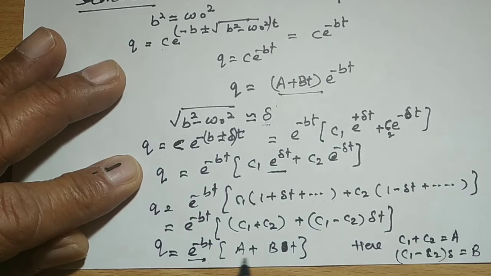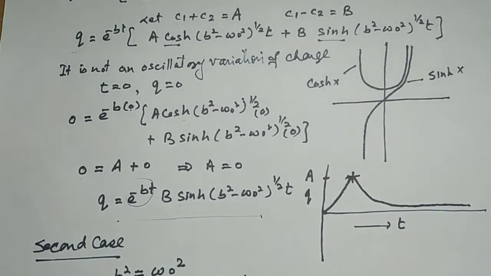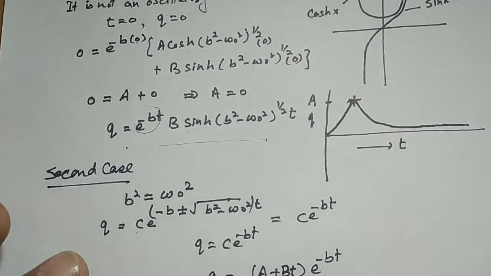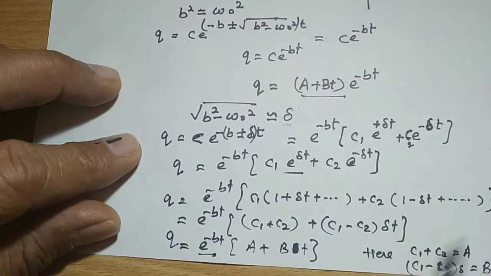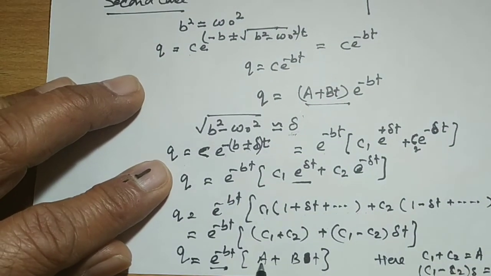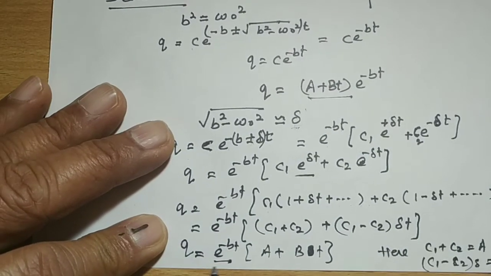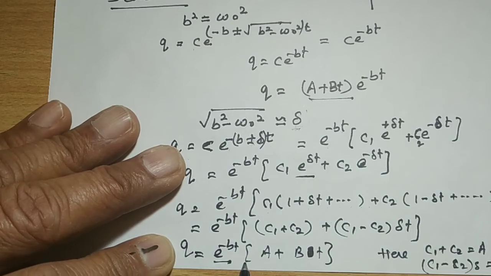So ultimately we get the solution as it was required here. This kind of solution will satisfy the differential equation we have derived earlier for the damped oscillator.